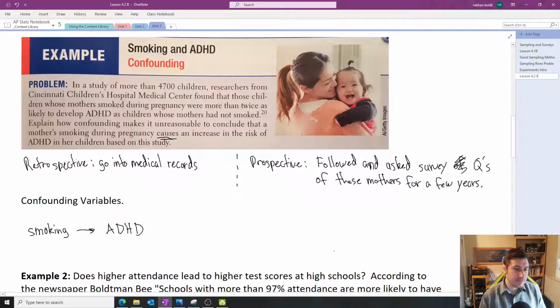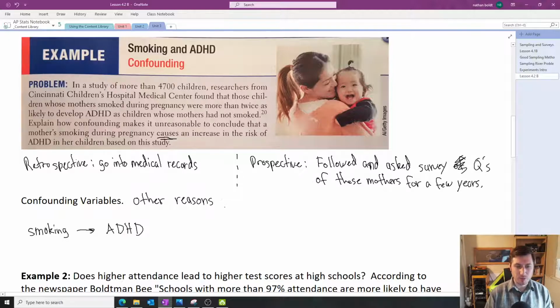And it certainly seems like there might be a relationship there, but that doesn't necessarily need to be true. There could be other reasons. The confounding variables are the other reasons that this could be happening.